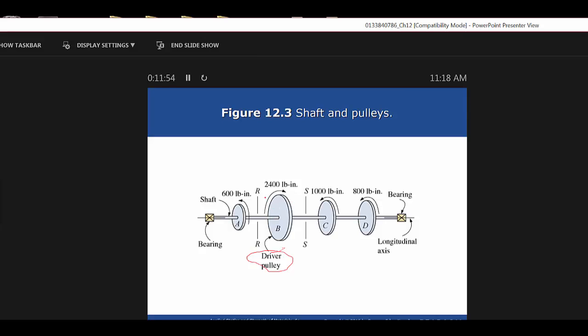So a motor is probably supplying some kind of an external force to this of 2,400 pound-inches, excuse me. Then you've got these other pulleys. Now they're going in different directions. Okay, so you're going to have some kind of torque buildup in that shaft, aren't you?